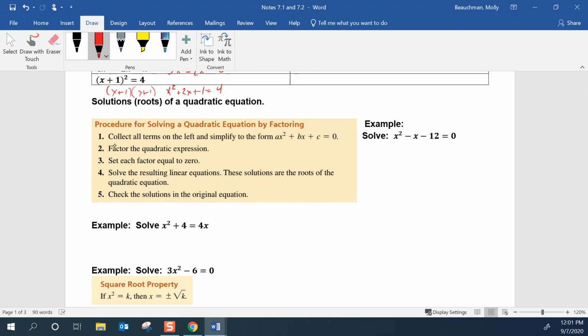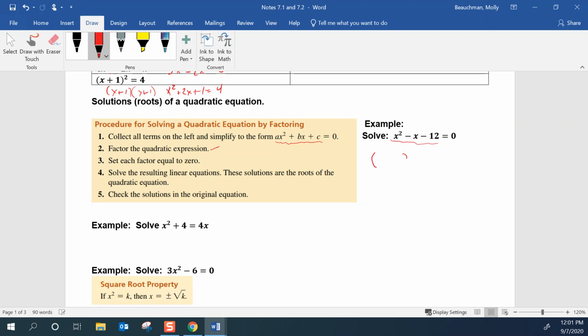So the procedure is to collect all terms on the left and simplify to that quadratic form, ax squared plus bx plus c equals 0. Then factor the quadratic expression. So on this, we have x squared minus x minus 12 equals 0.